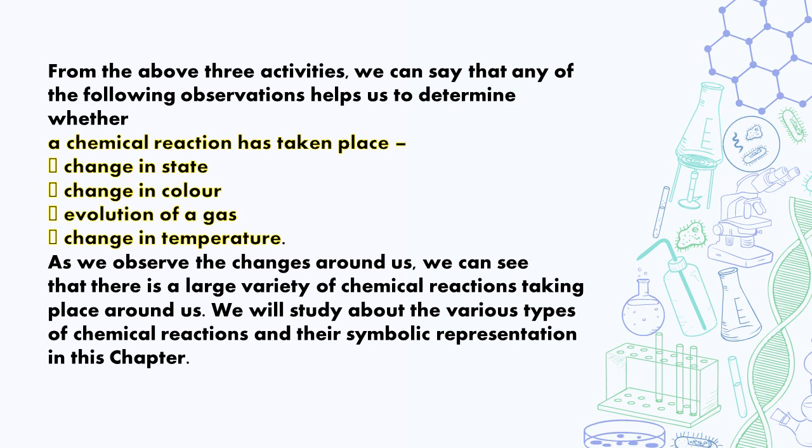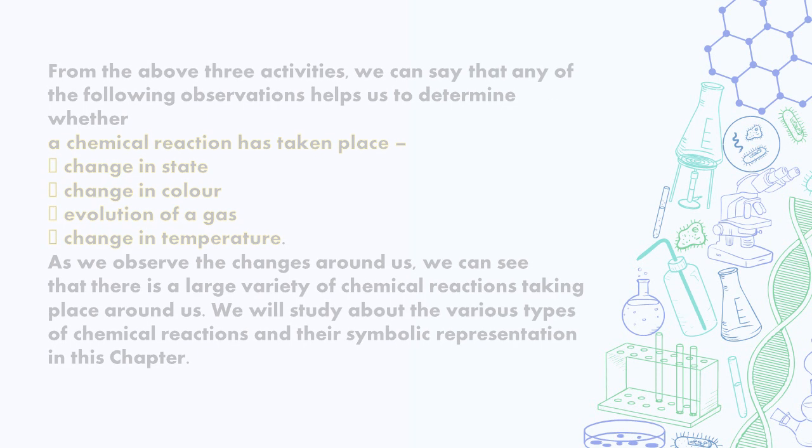We saw in the activities the change in color, evolution of gas, and change in temperature as well. As we observe the changes around us, we can see that there is a large variety of chemical reactions taking place around us. We will study the various types of chemical reactions and this symbolic representation in this chapter.